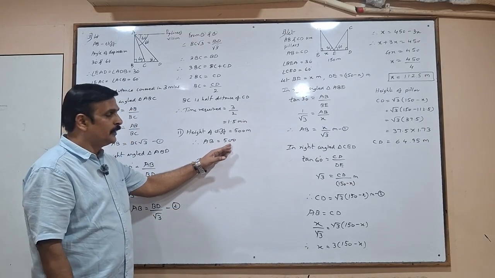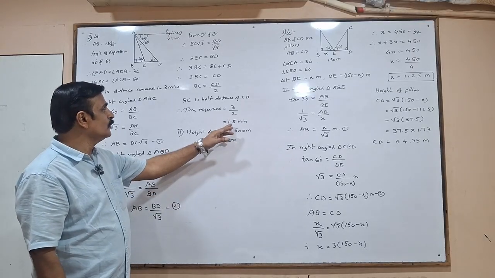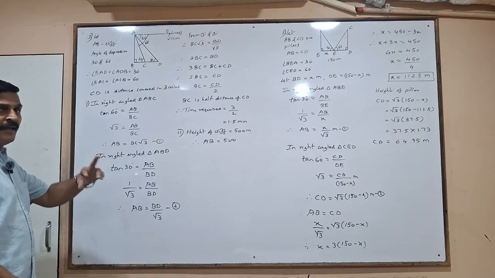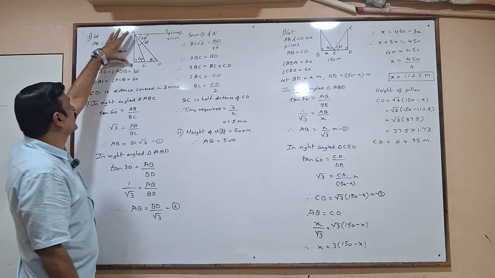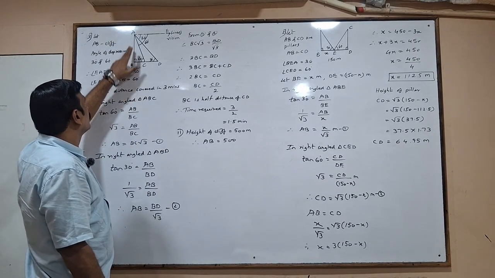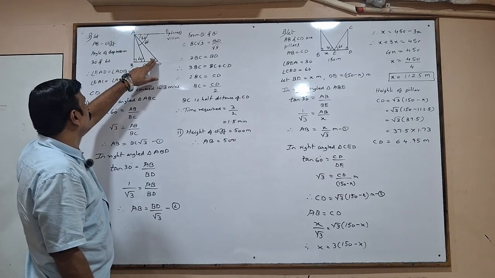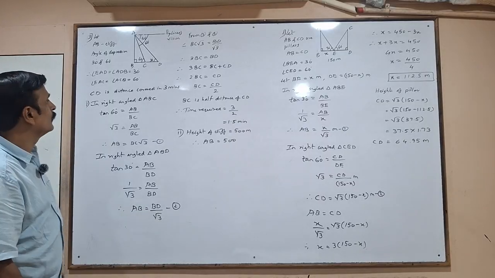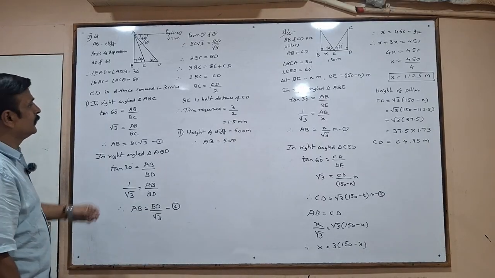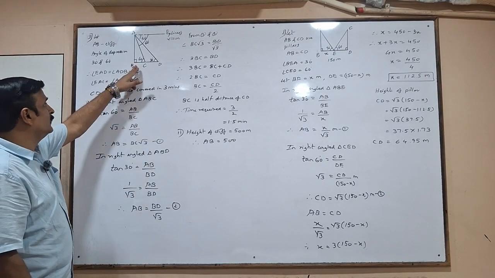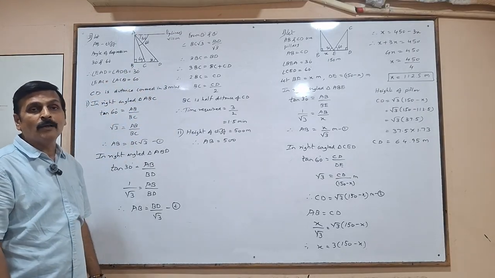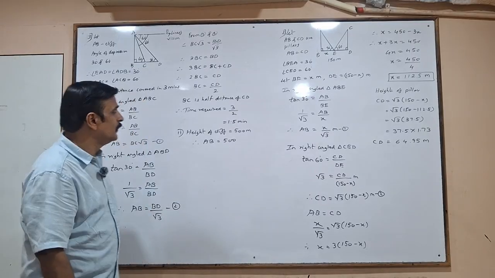I know the distance, I know the time. I want speed. I can take any of the two triangles. This height is given, angle is known. You can take BD, the total distance also, because we will require either BD or BC to calculate the speed, right?